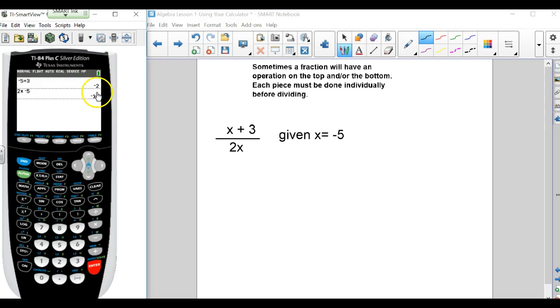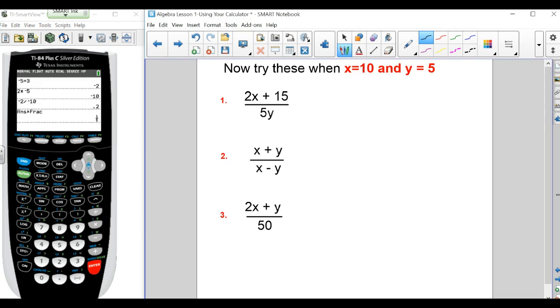You've got the answer for the top, the answer for the bottom, so go ahead and do negative 2 divided by negative 10. Hit enter. We get the decimal answer. Hit math, enter, and it converts it to a fraction in lowest terms. The answer is 1/5.